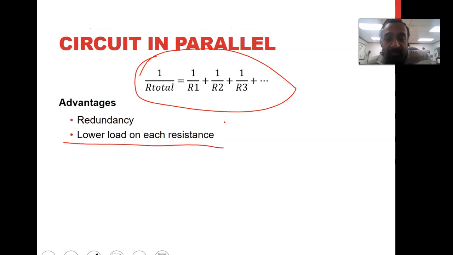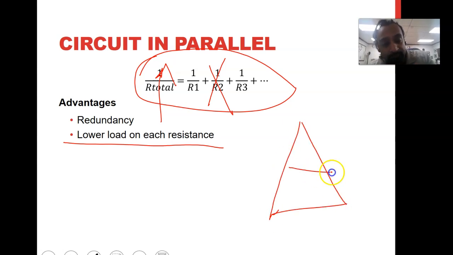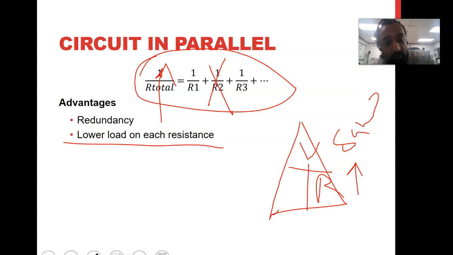If you have three resistances in parallel and one of them drops out, what happens to the total resistance? It will increase. Going back to Ohm's law, if the resistance increases and the voltage stays the same because we're supplying the same voltage, what happens to the amperage? It will decrease.